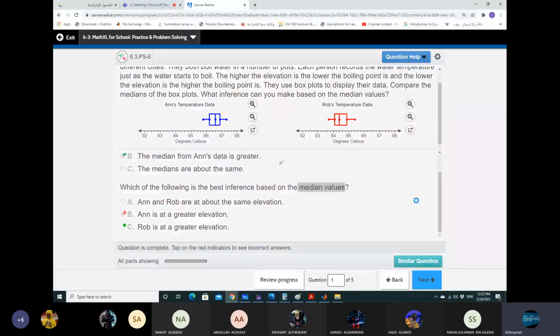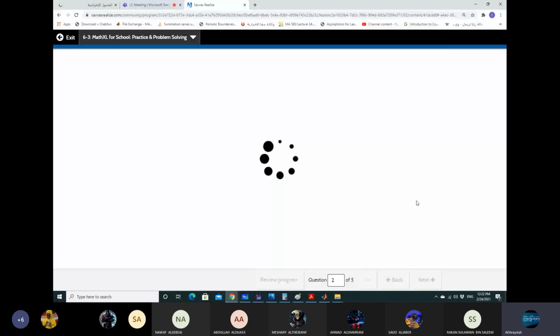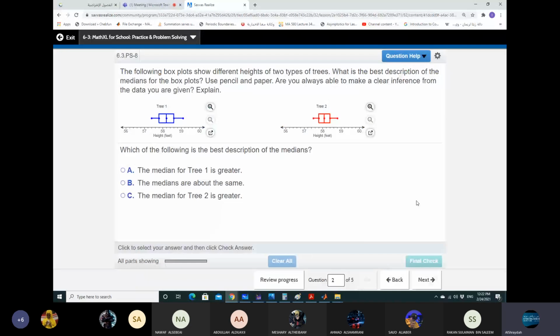Next question. Let's see the next question. Faris, thank you. The following box plots show different heights of two types of trees. What is the best description of the medians for the box plot?